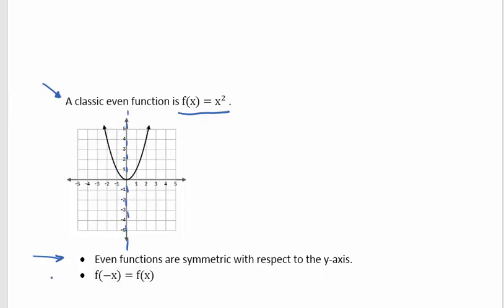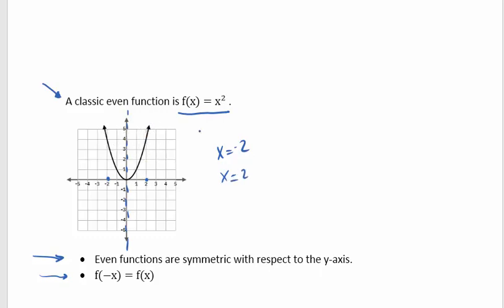And as a result of this, if I evaluate this function at a negative x coordinate, I get exactly the same function value as when I evaluate that function at the positive x coordinate. Notice on my graph, if I look at the point x equals negative 2 and the point x equals positive 2, the function value is the same.